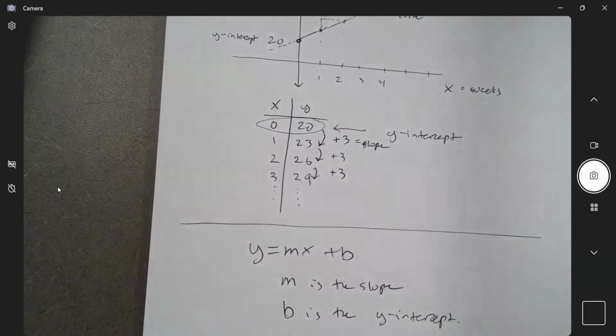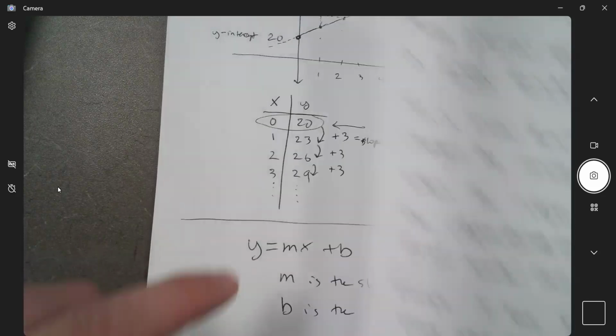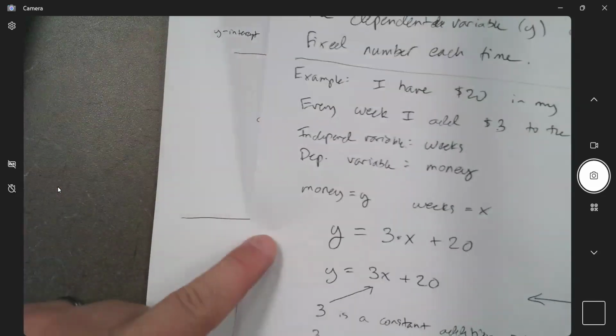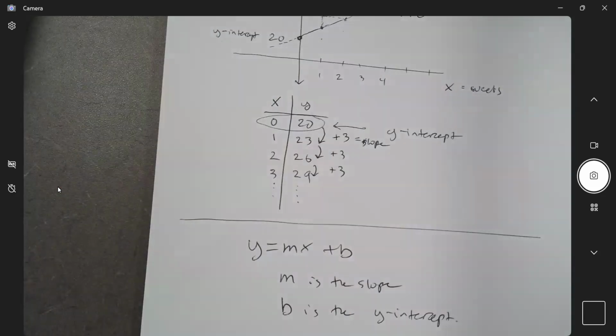So what if you're given a situation and you're asked to find the slope and the y-intercept, or maybe you're asked to find the equation? So maybe you're given a verbal representation and you're asked to find the equation, or a graphical representation, or a numerical, because sometimes the equation can be the most simple way to work with your function.